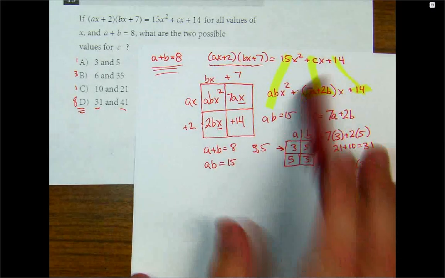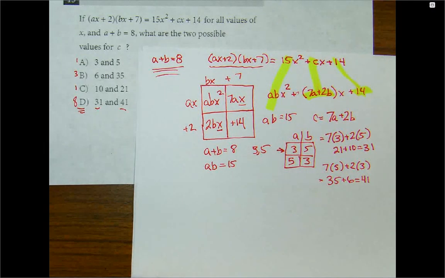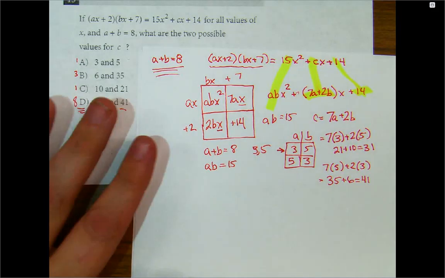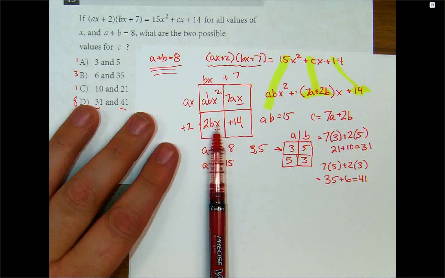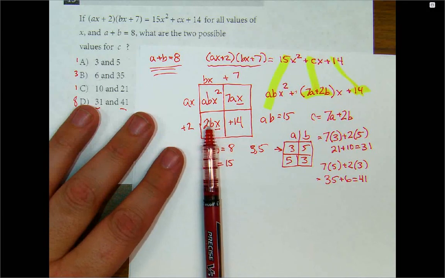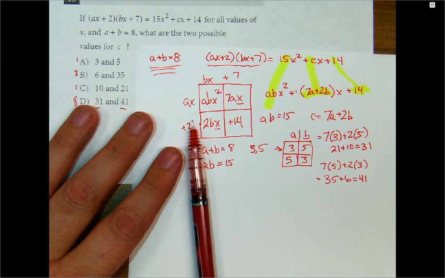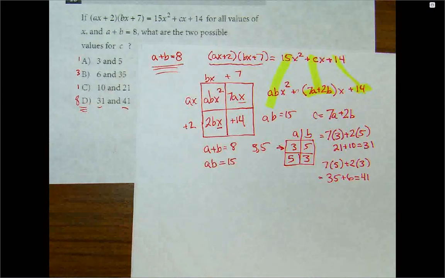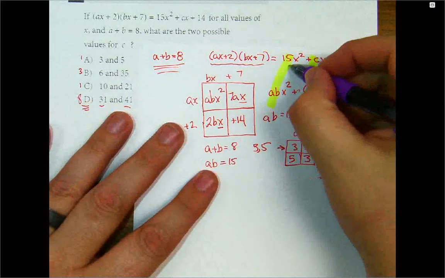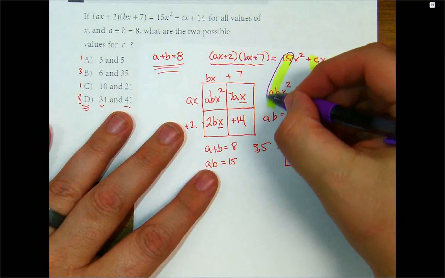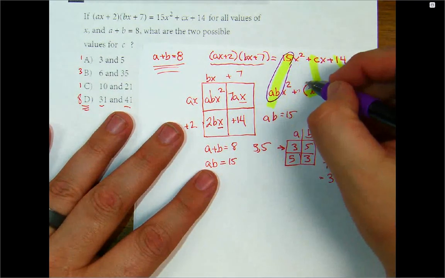Now, questions on that. Do we know how to multiply polynomials like this? If you don't know how to use the box and you use a different method, is that okay? Yeah. Do you get the idea that a times b is 15 and this is equal to c? You get that idea now?